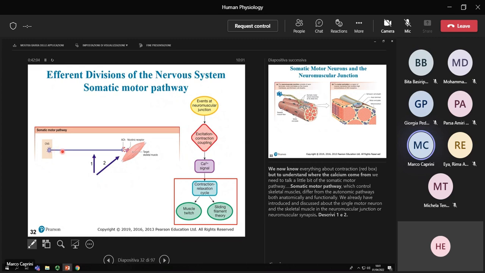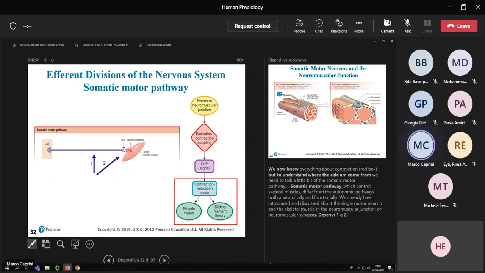We perfectly know here how the signal moves from the central nervous system to the end of the motor neurons. And we know how the acetylcholine is released. We know also how the acetylcholine can bind to the nicotinic receptor. We know also the structure of the nicotinic receptor.